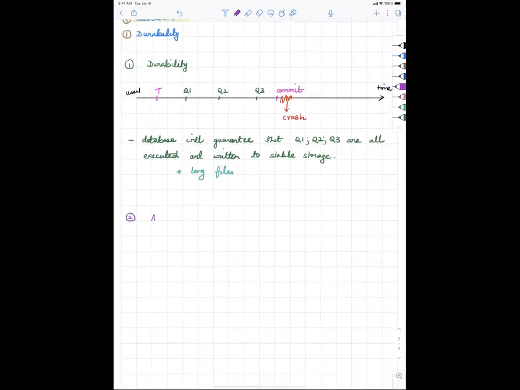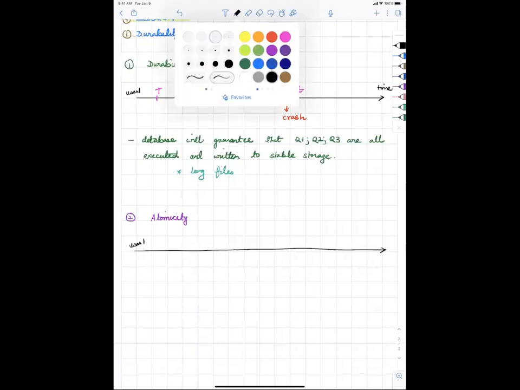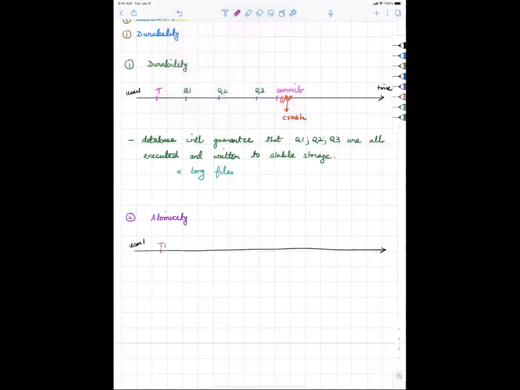You already understand this since we've done this many, many times. Again, the same concept: you have user 1, and we do the same transaction T, with Q1, Q2, Q3, and then you do a commit.